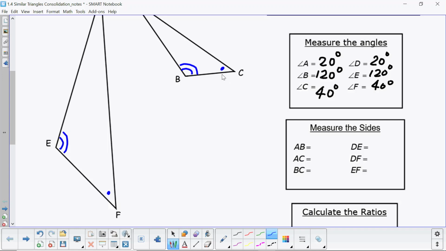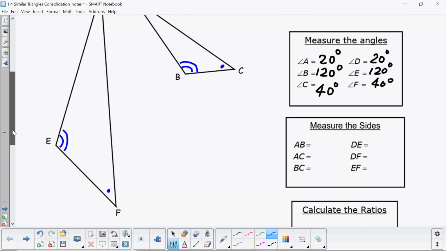It also means these two angles are equal. If you see on the questions that you have the same symbol on two angles, it means that those two angles are equal.